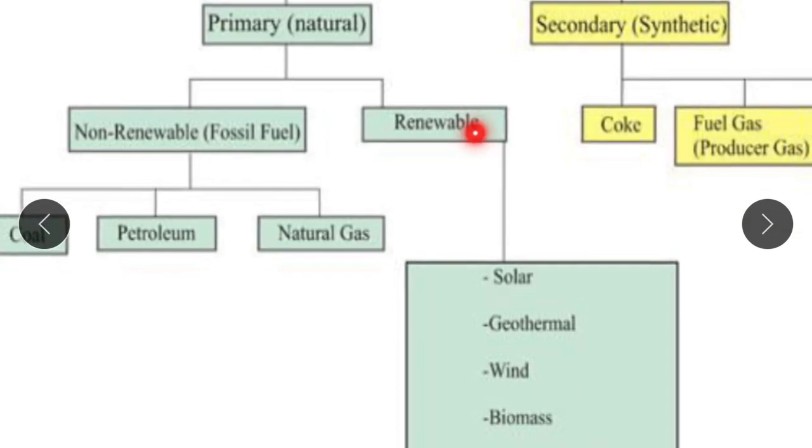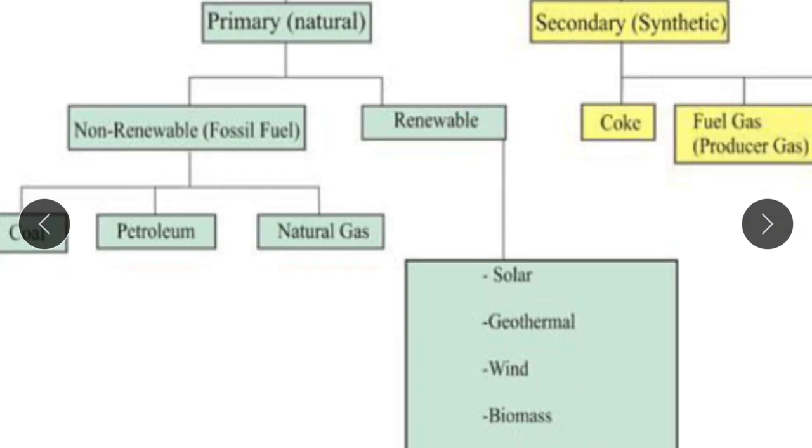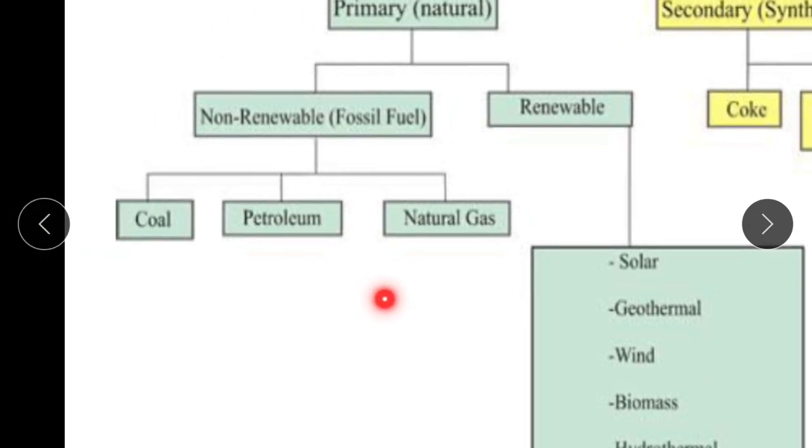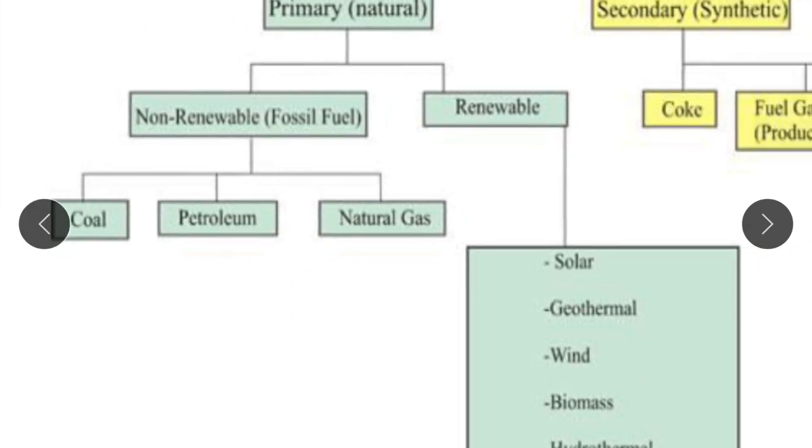Now primary fuels can be further classified into non-renewable and renewable sources. Under non-renewable energy sources you have three types: coal, petroleum and natural gas. Non-renewable energy sources are also called fossil fuels.